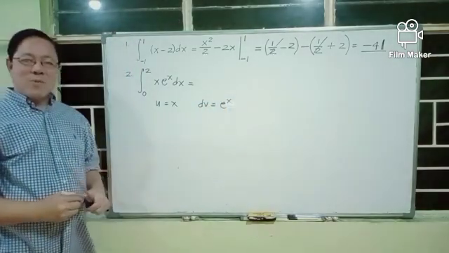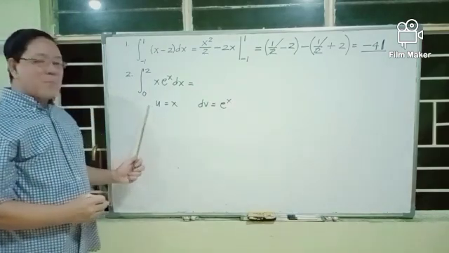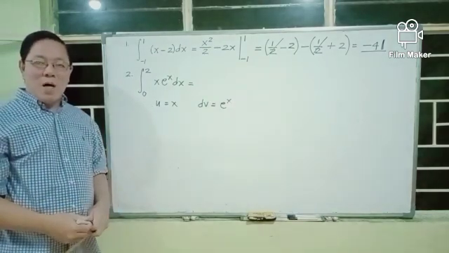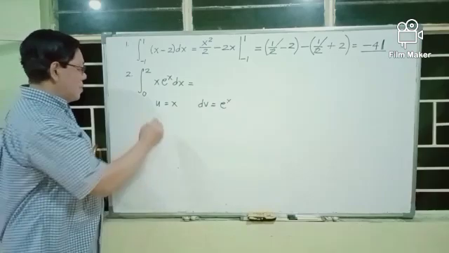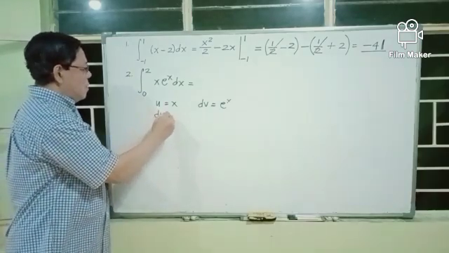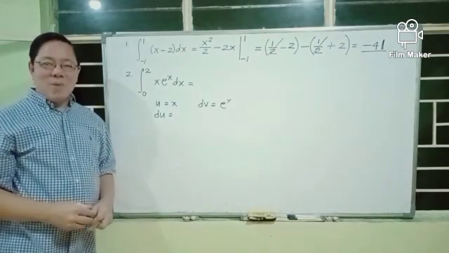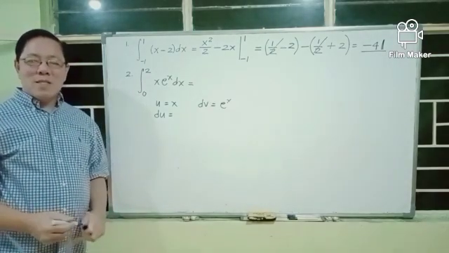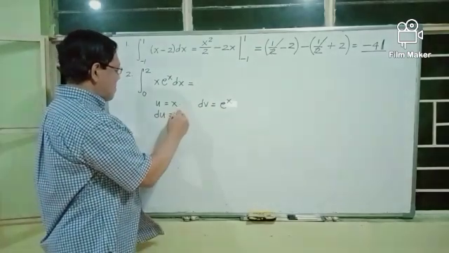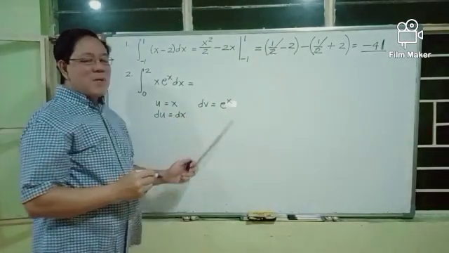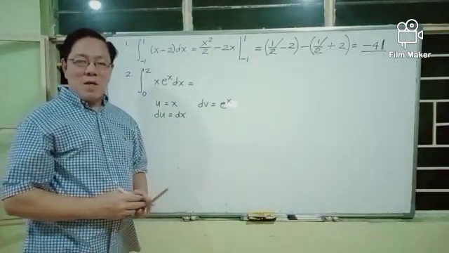From u equals x, we differentiate both sides. Derivative of u with respect to u is 1 multiplied by du. And derivative of x with respect to x is 1 multiplied by dx equals dx. And for dv equals e to the x, we integrate both sides.